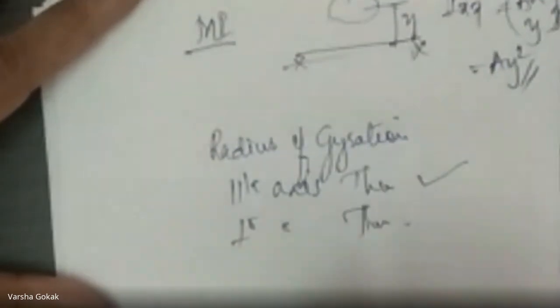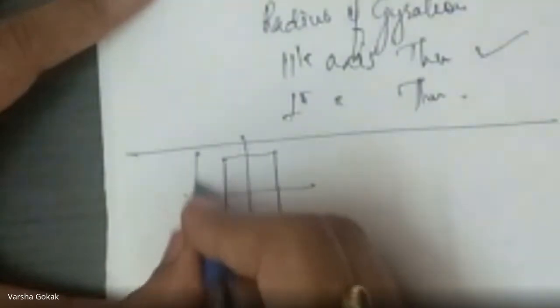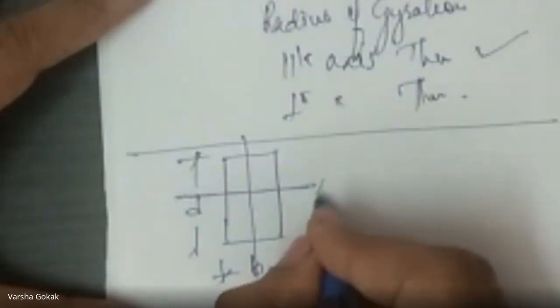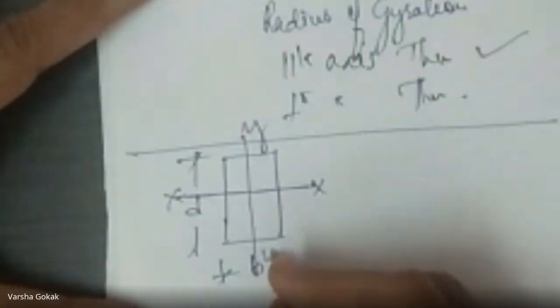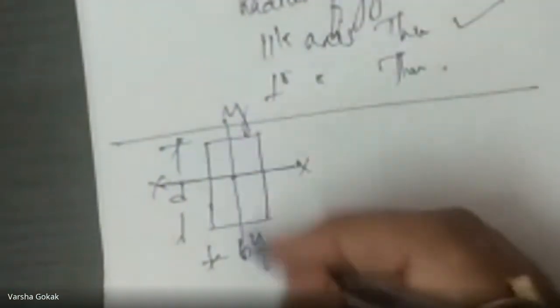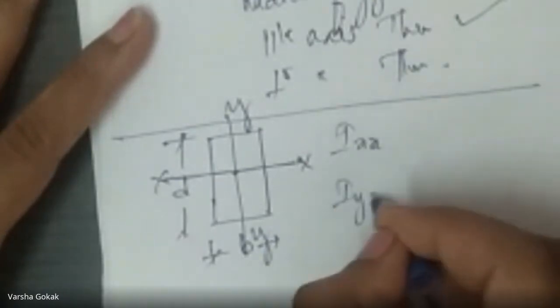Apart from this, yesterday we started with the derivations, wherein we found the moment of inertia of a rectangular section whose width is b and whose depth is d. XX is a centroidal axis, that is the axis passing through its centroid, and YY is passing through the centroid, again the vertical axis. So can you tell me what was the IXX formula that we derived?